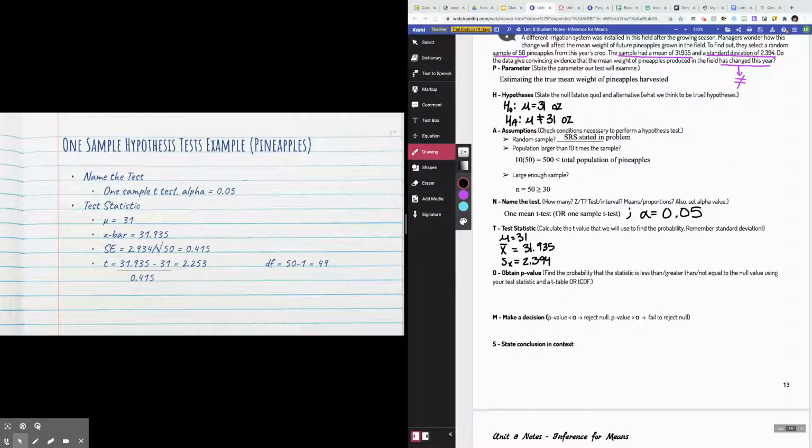Really quickly, folks, I didn't realize that there was a typo in your notes up here. So in the notes, it says that the standard deviation of the sample was 2.394. Okay, that should be 2.934.